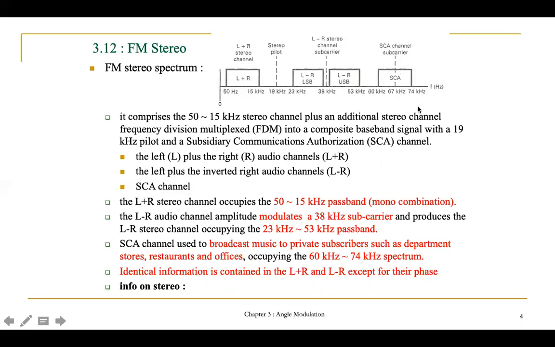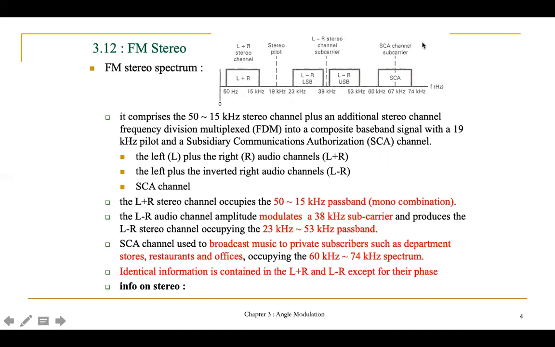The left plus right stereo channel occupies the frequency between 50 Hz and 15 kilohertz passband. This is the mono combination. The left plus inverted right audio channel modulates a 38 kilohertz subcarrier fc and produces the left plus inverted right stereo channel, which occupies the frequency between 23 kilohertz and 53 kilohertz passband.